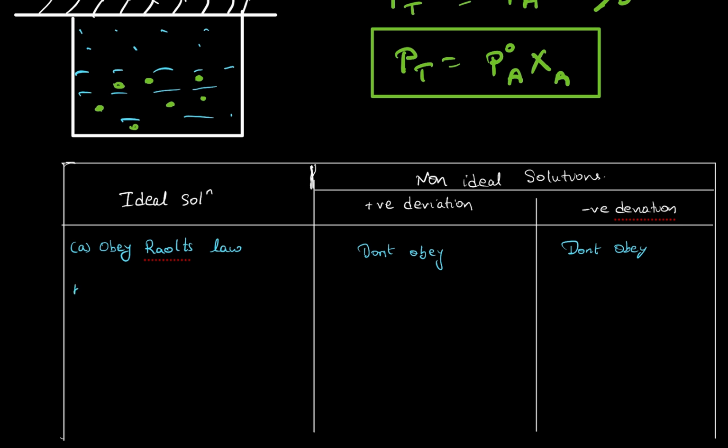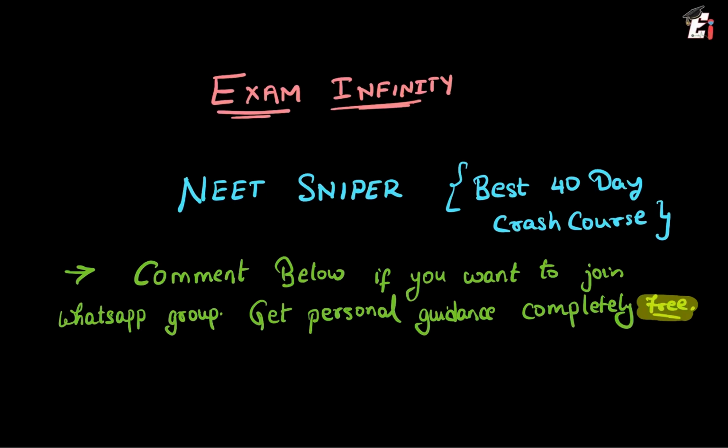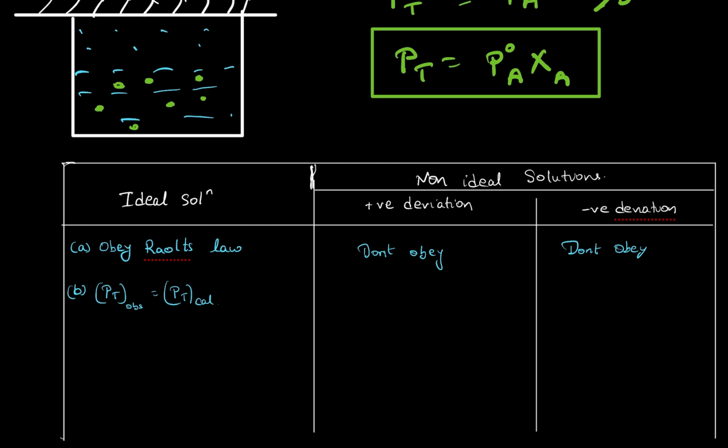Here PT, the total pressure that you observe, is going to be the same as the total pressure you calculate using the formula. If you use that formula, you are going to get the total pressure that you are observing.